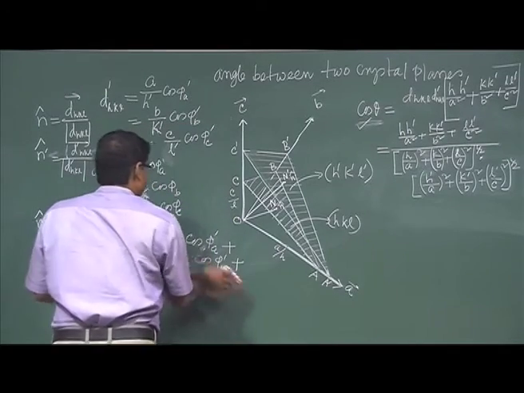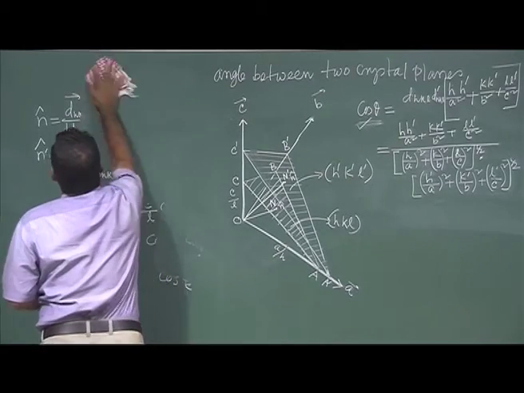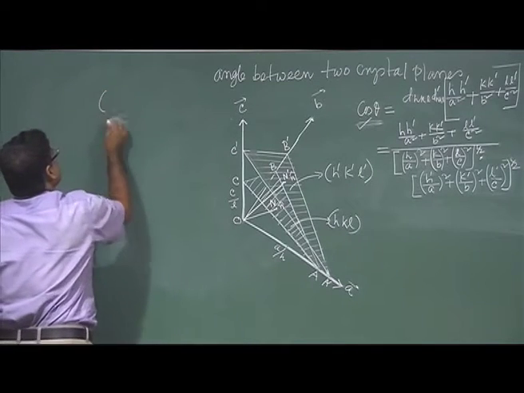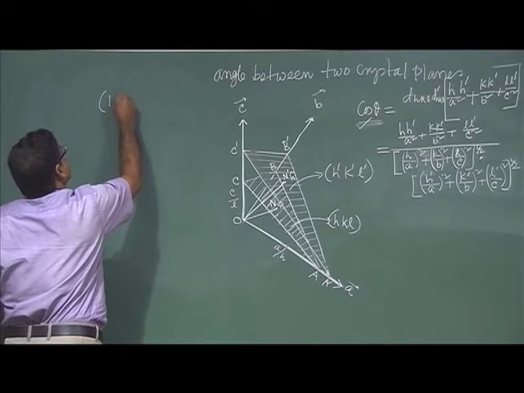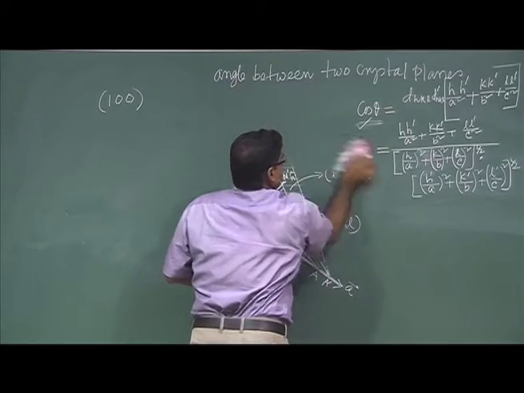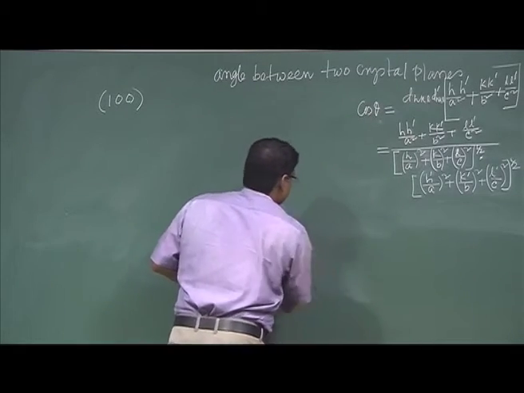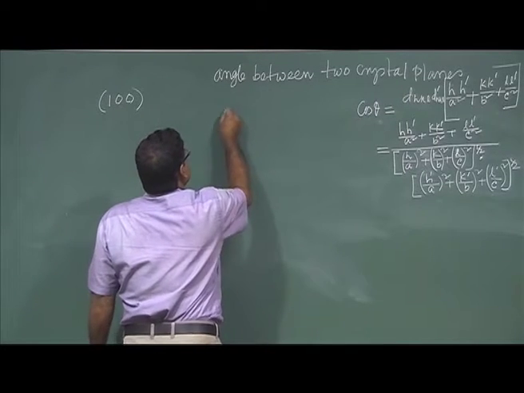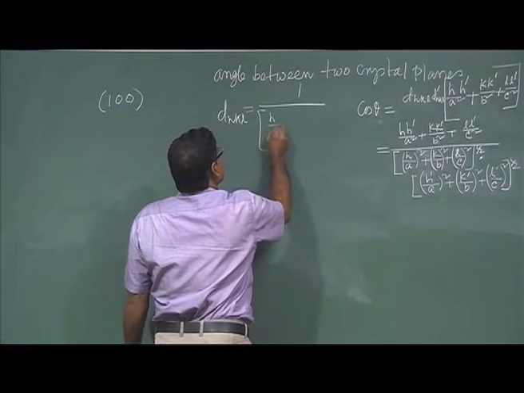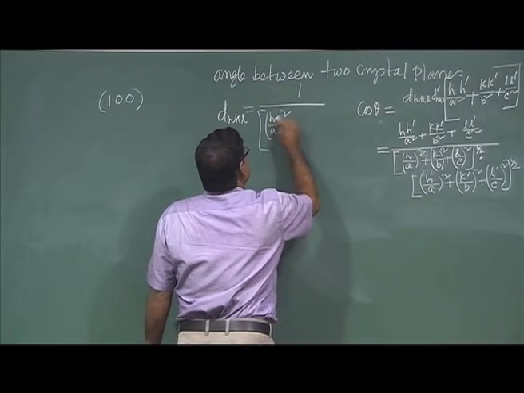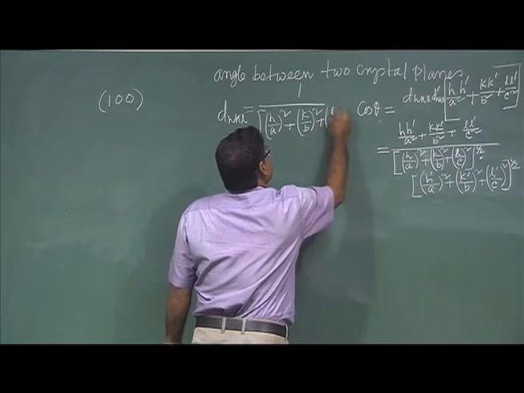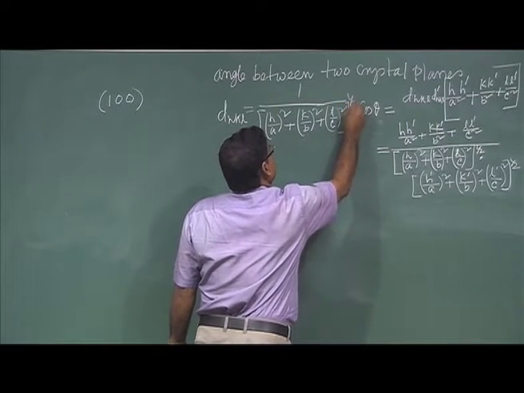So if I ask you to find out the planar spacing for a plane, say the 1 0 0 plane, so the planar spacing d_hkl equals 1 by h by a whole square plus k by b whole square plus l by c whole square to the power half, right.